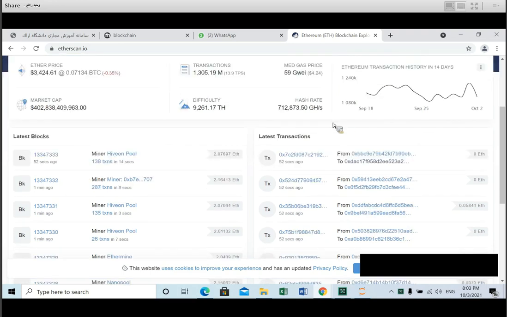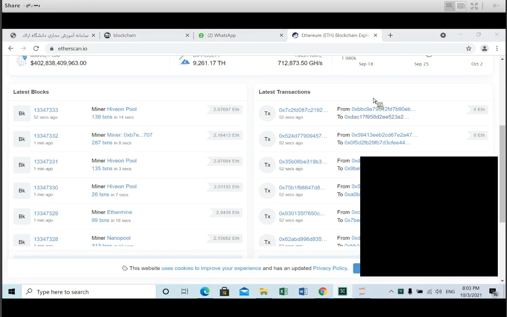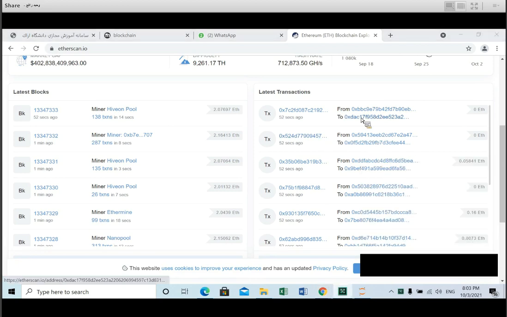And also here, this part. Can you see this part? This part are transactions. Newly created transactions. Let's click and open one of them.